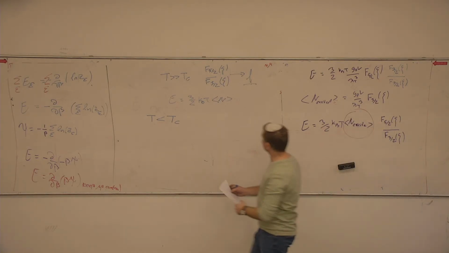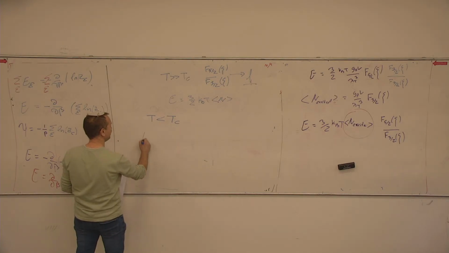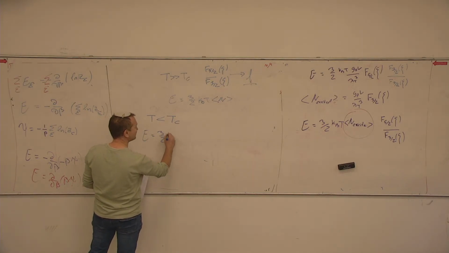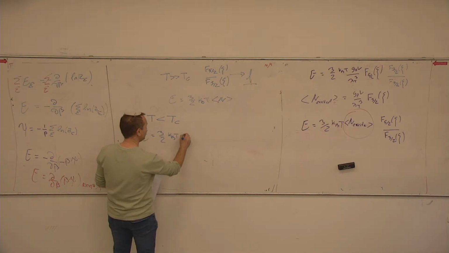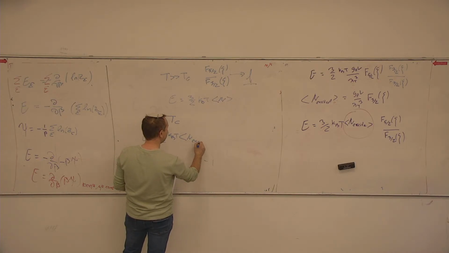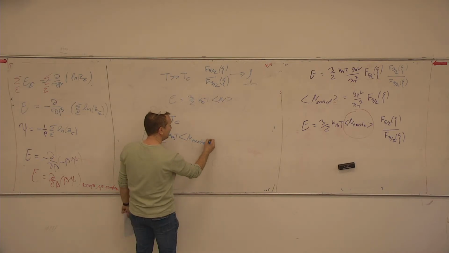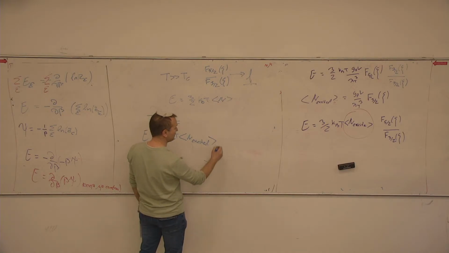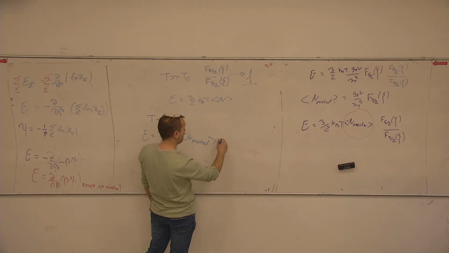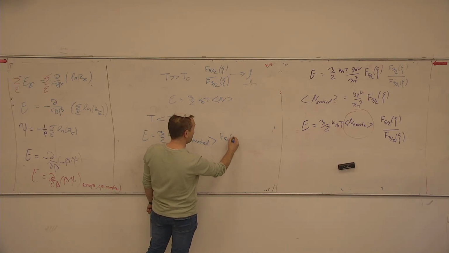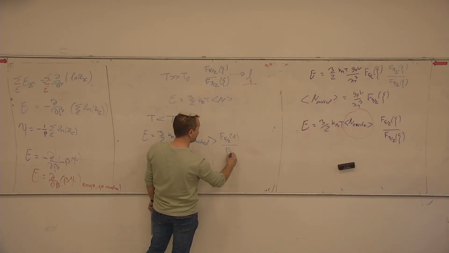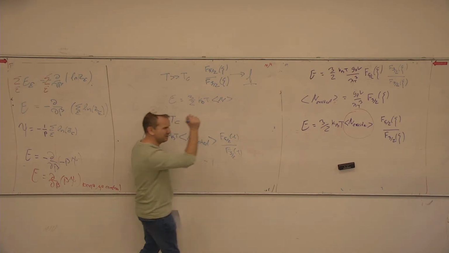Right? So for T smaller than Tc, E equals 3/2 k_B T N excited, okay, multiplied by f_{5/2}(1) divided by f_{3/2}(1). So it's a constant number.